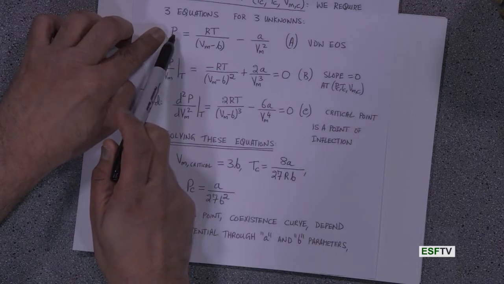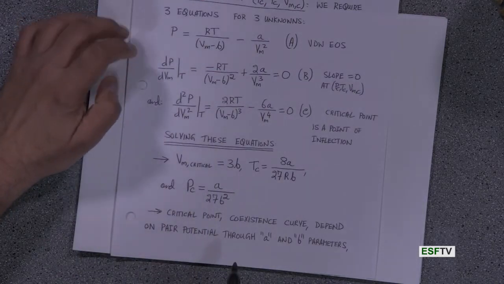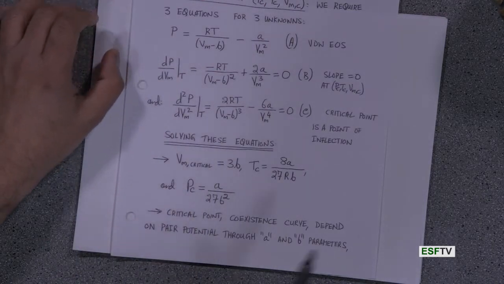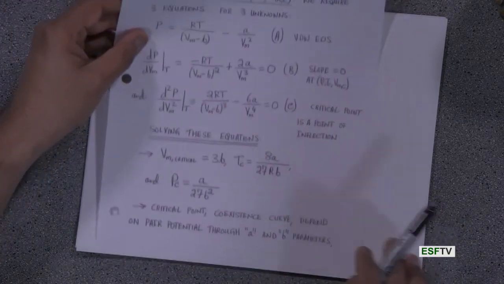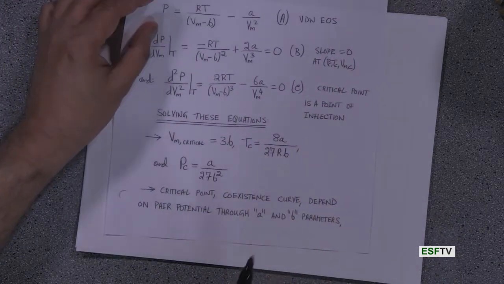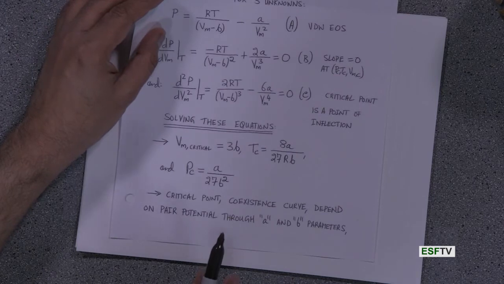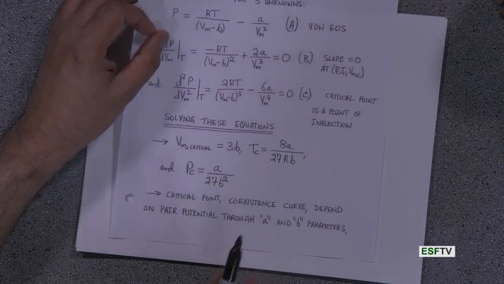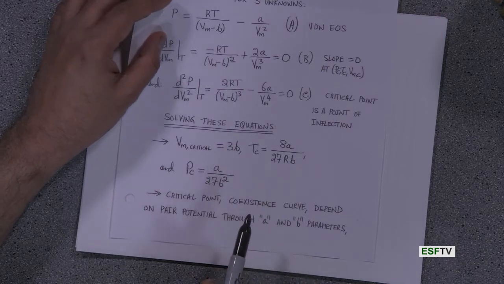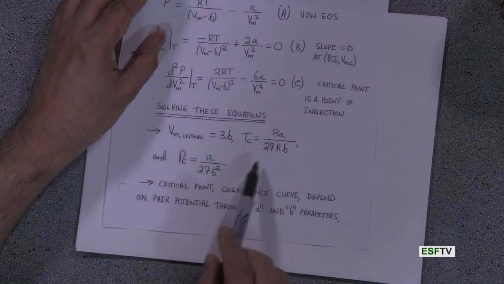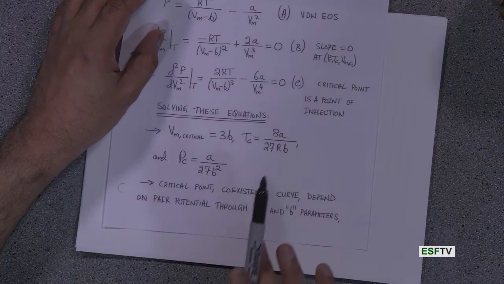The pressure appears in this equation. So we solve the 3 equations in 3 unknowns. This is an exercise only for those who really enjoy going through lots of algebra. I do not expect everybody to do this. The simple thing to do is to take the results and plug them back in here and make sure that they satisfy the 3 equations.